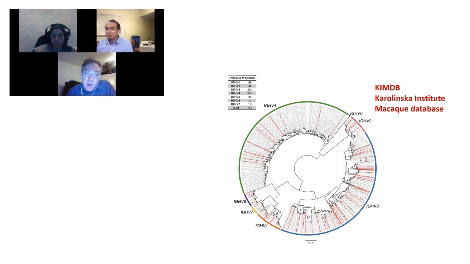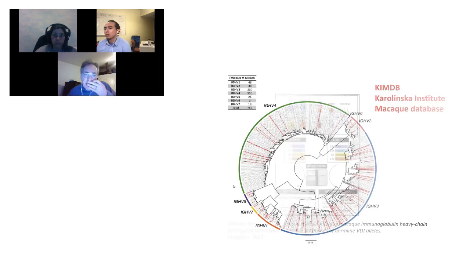But we also know that the IGH region is subject to deletion in different individuals. And we were able to identify quite a number of what we are determining as IGH genes in macaque, which are present in some animals, but deleted in others.